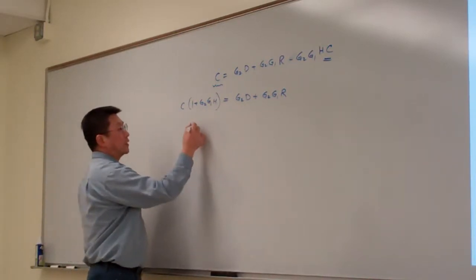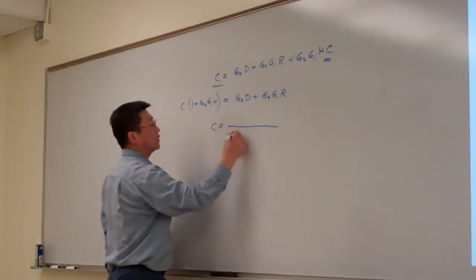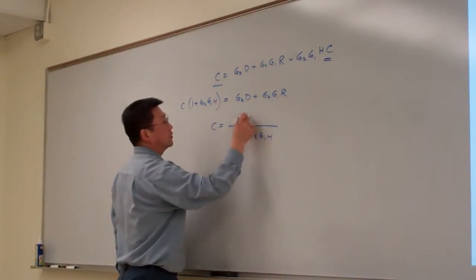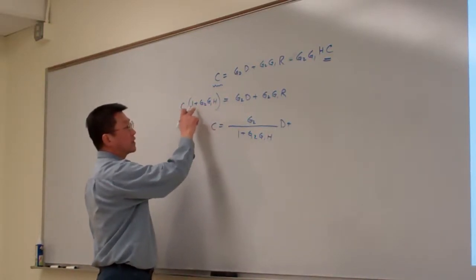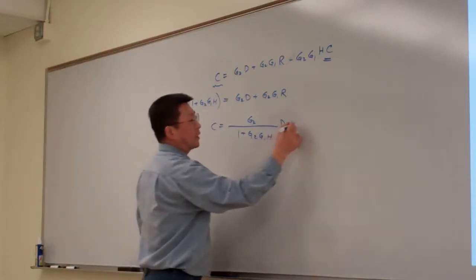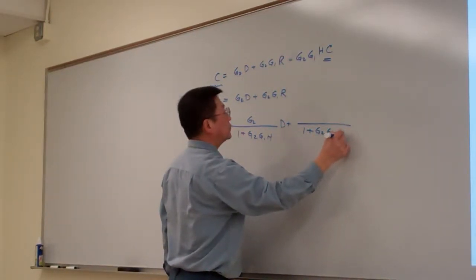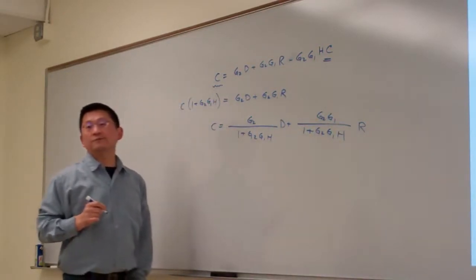Then I divide both sides by 1 plus G2, G1, H. So we get G2D over 1 plus G2, G1, H, and G2, G1R over 1 plus G2, G1, H. Be good?